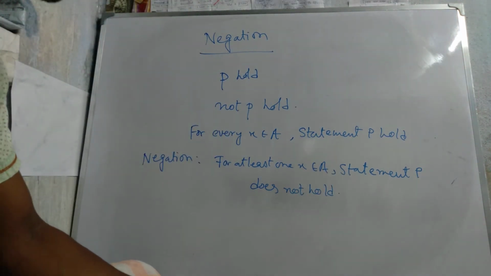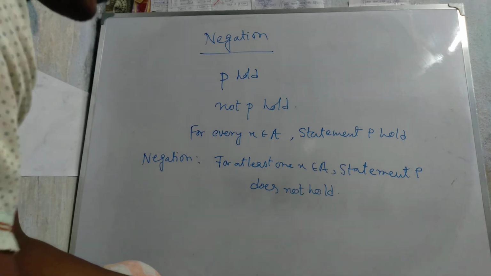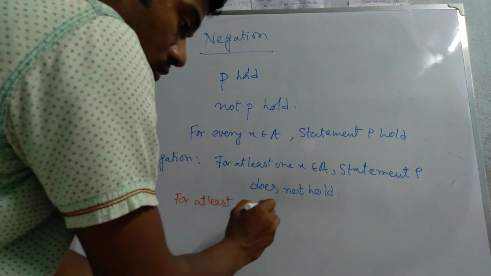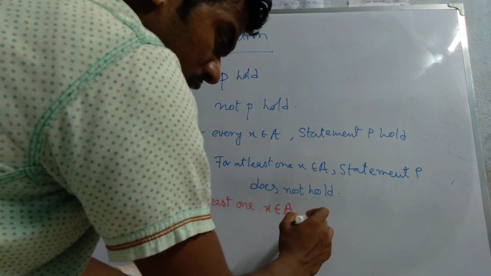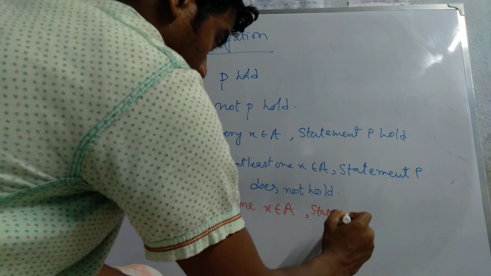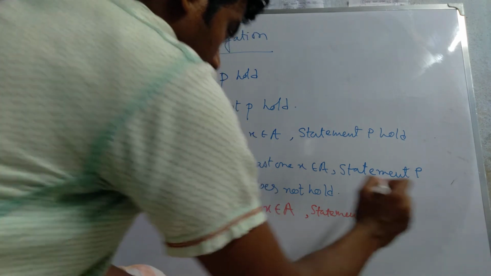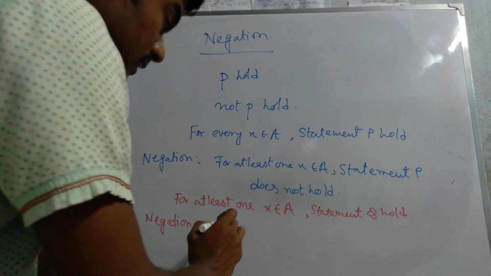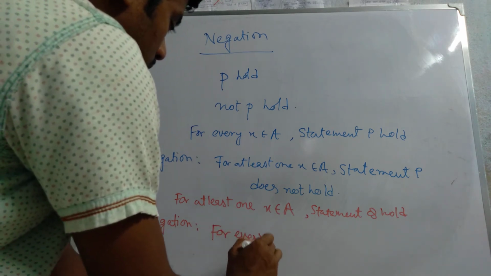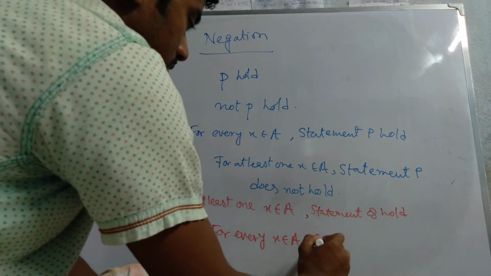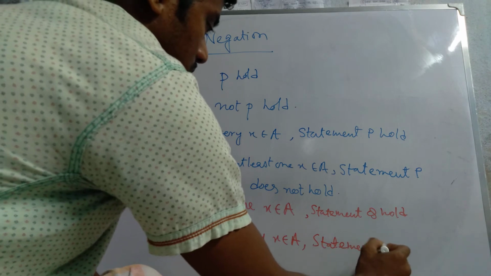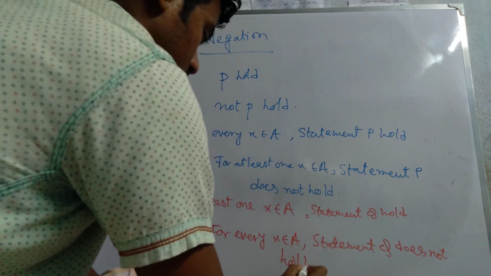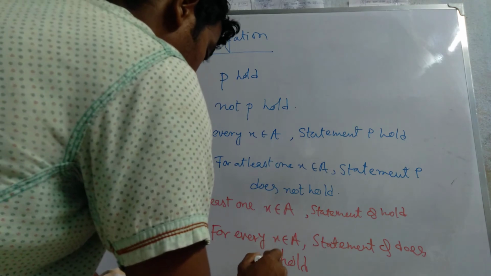In the same way, for at least one x belonging to A, statement Q holds. Then the negation is: for every x belonging to A, statement Q does not hold.